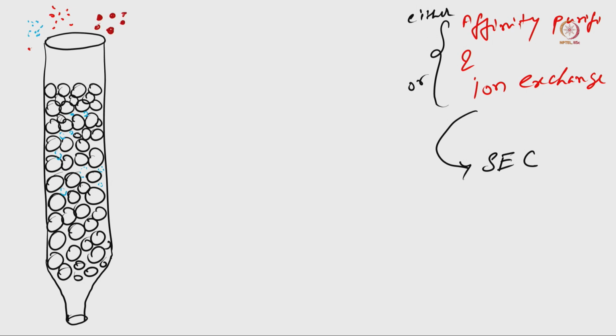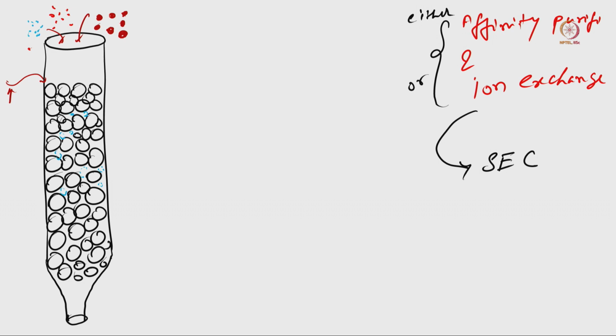So, this is the mixture of these three components. We inject that entire mixture. There will be a valve, and through that valve a pipe will go through and inject that protein mixture.